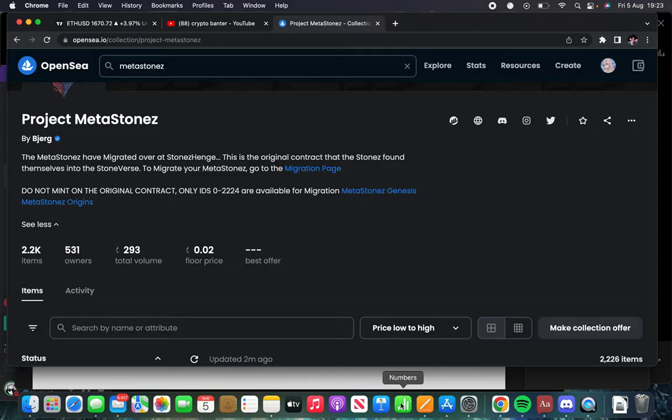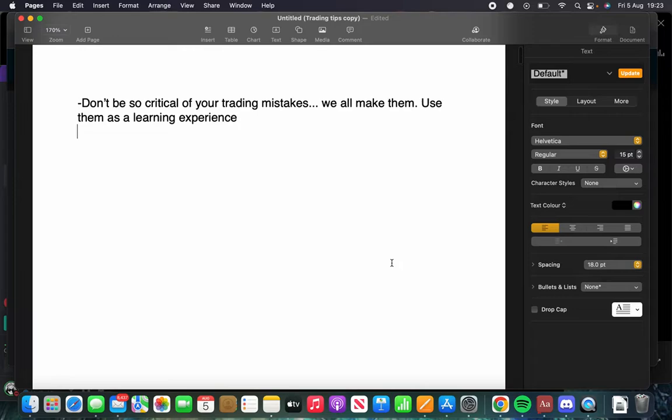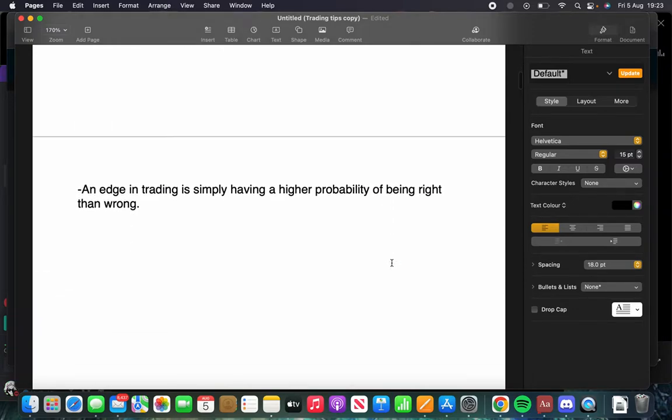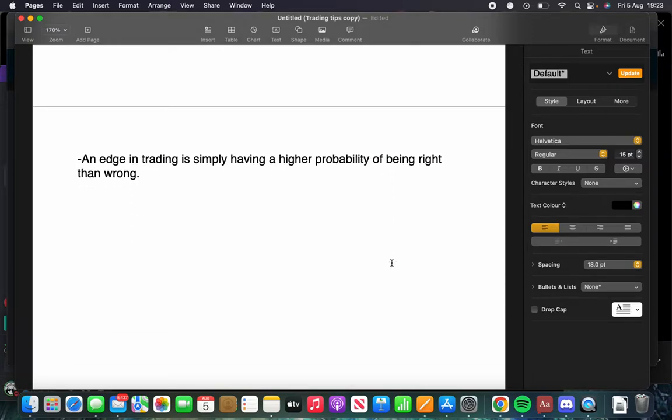But yeah, again, that actually ties into my next point: an edge in trading is simply having a higher probability of being right than wrong. And me holding to reveal, that's no longer even trading at that point, to be honest. Holding to reveal is probably the biggest gamble you can do in NFTs, right?